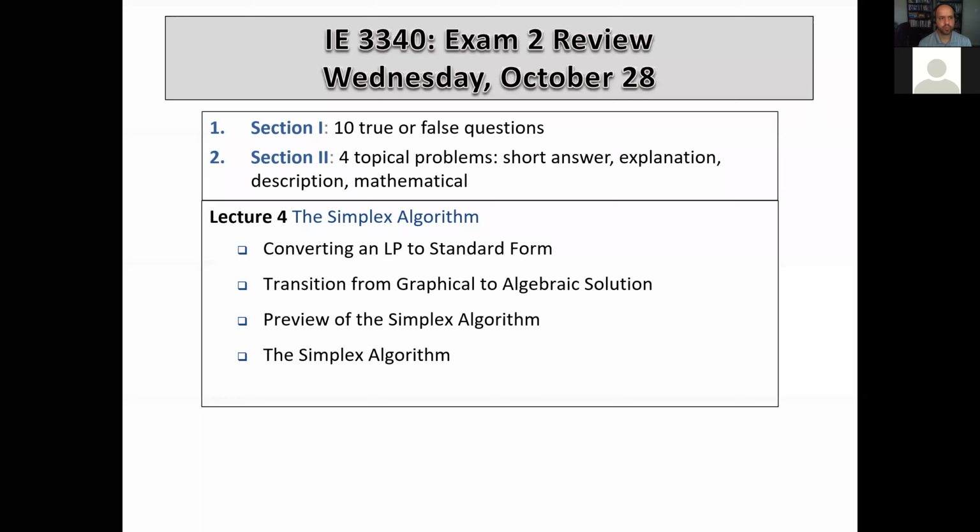And as we did for the first exam, you will have an hour and a half to work on the questions. Then I'll give you 15 additional minutes to scan the papers with the solutions for your problems, and then you will upload those answers to your portal in Canvas.